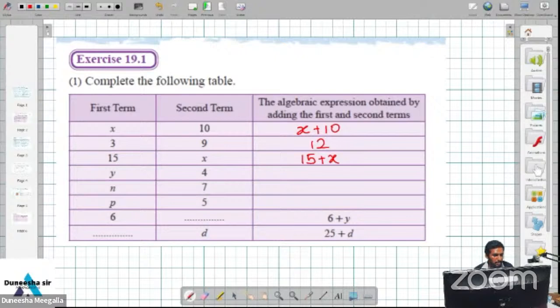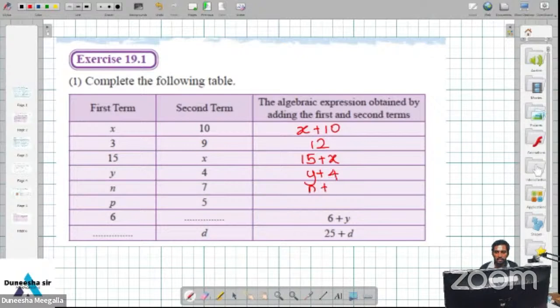Tanya, are you finished? Yes. Okay. What is the y plus? It's y plus 4. Next one. First term is n, second term is 7. N plus 7.